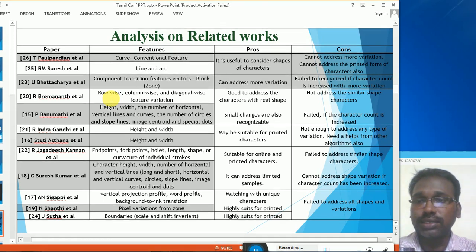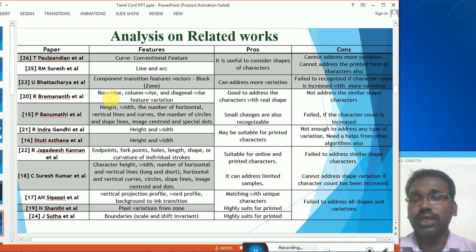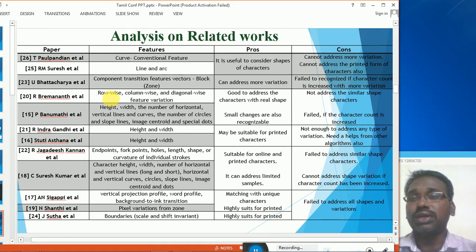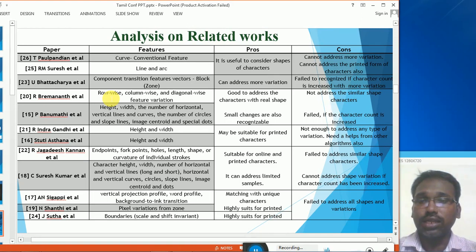Jagdish Kannan and his team used endpoints, fork points, holes, length, shapes, curvature and individual slopes. Suresh Kumar and his team used character height, width, number of horizontal and vertical lines, long and short horizontal and vertical curves, circles, slopes, image centroid and dots.